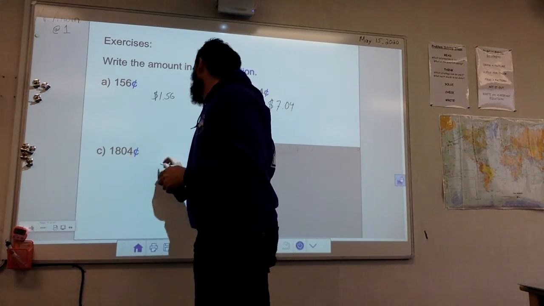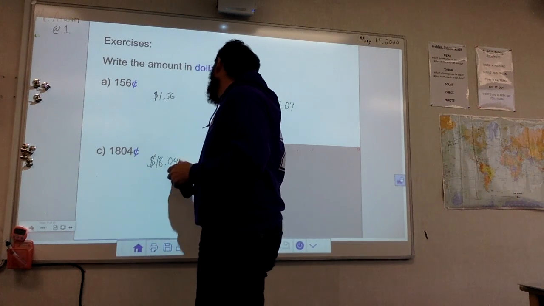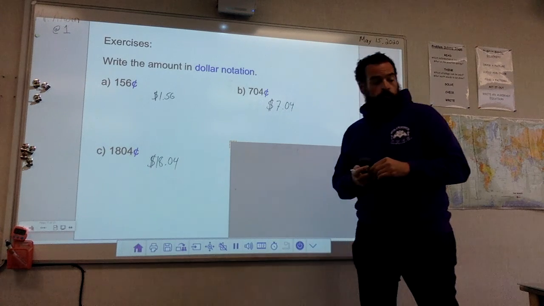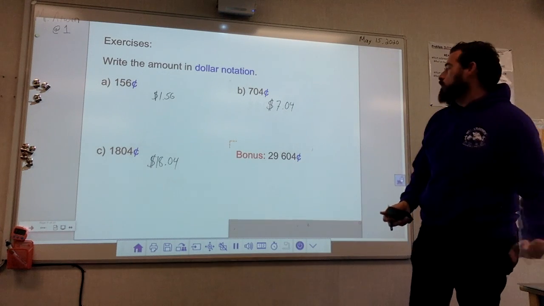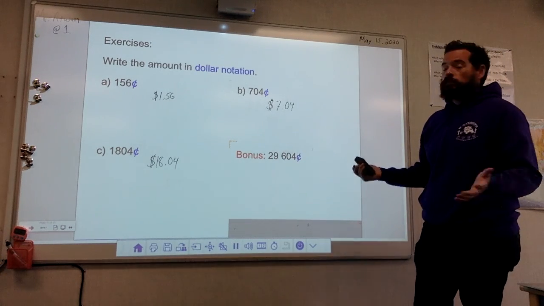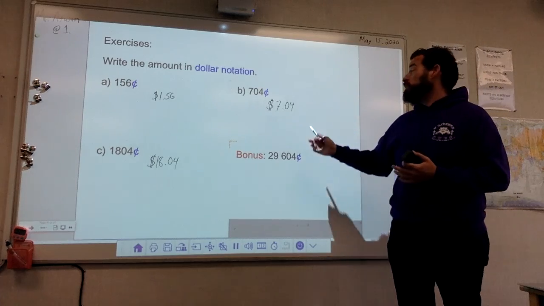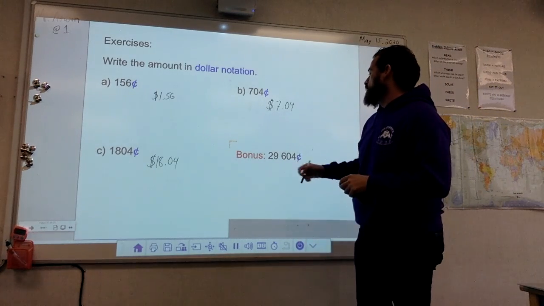1,804 cents, dollar sign, 18.04, $18.04. And this one is a bonus, just a bigger number. But even though it's a bigger number, it's the same principle. You're making sure that you have 2 digits to the right of the decimal.